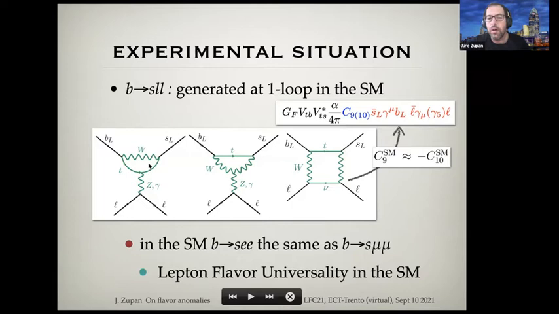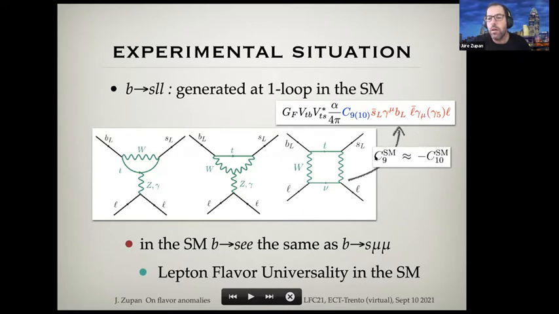If you integrate out the W, the Z, and the top, you will match onto an effective theory where the main contributions are due to these dimension 6 operators, where the b to s transition has a V minus A structure. And then whether it's a vector or an axial vector, the notation is C9 or C10. So C9 means vector for the leptons, C10 means axial vector.